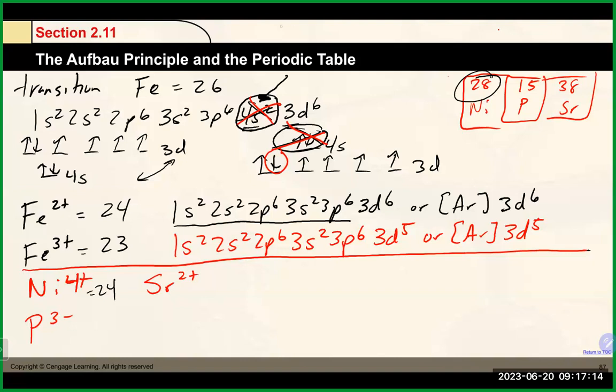So once again here, nickel with no charge would look something like argon 4s2, 3d8 in this case.